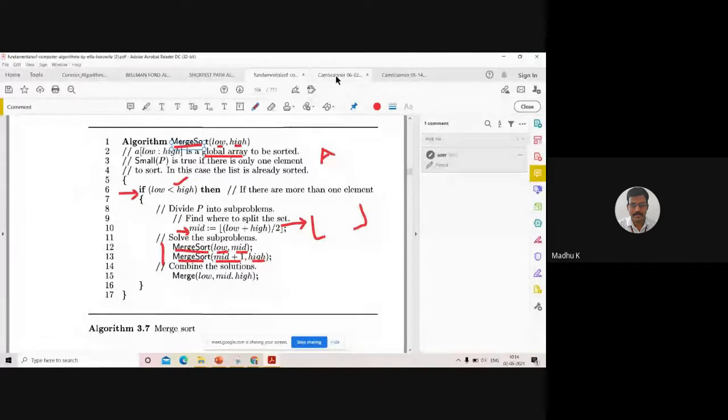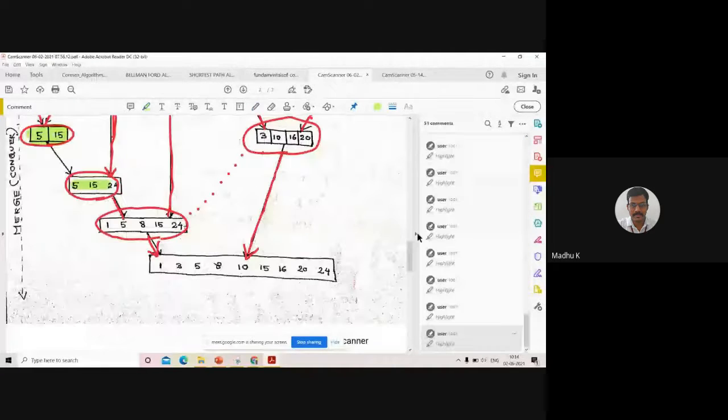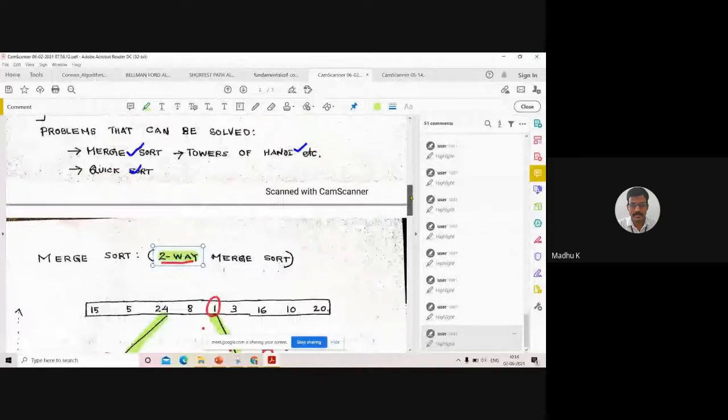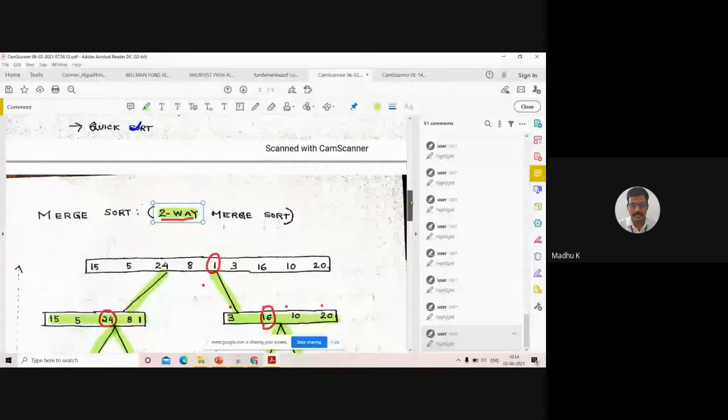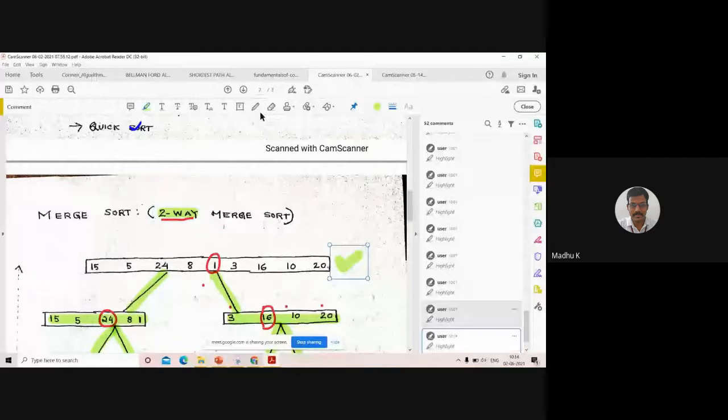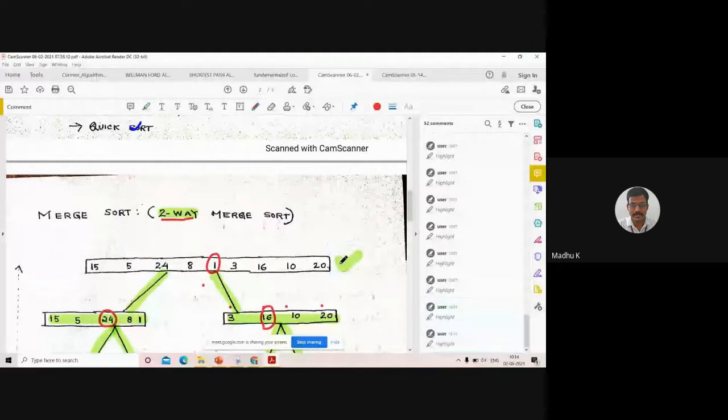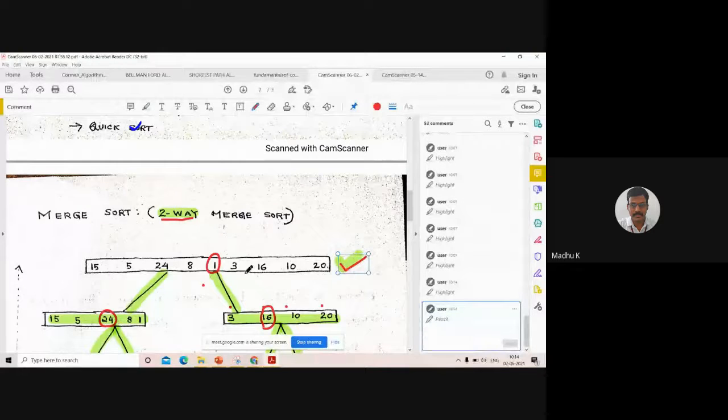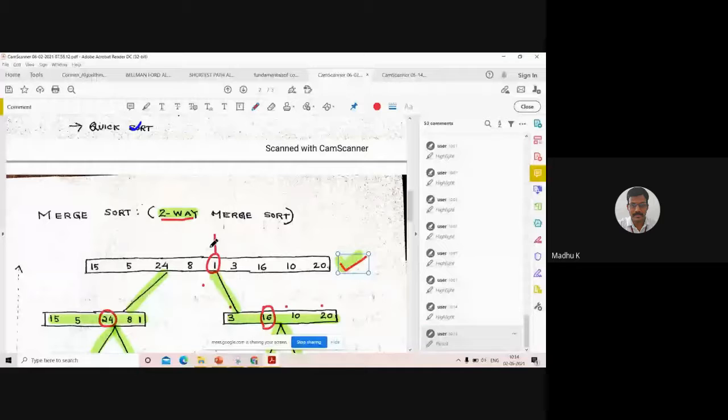You can note here, this is our problem. So we will calculate the mid. This is the mid. Then we will divide this into 2.